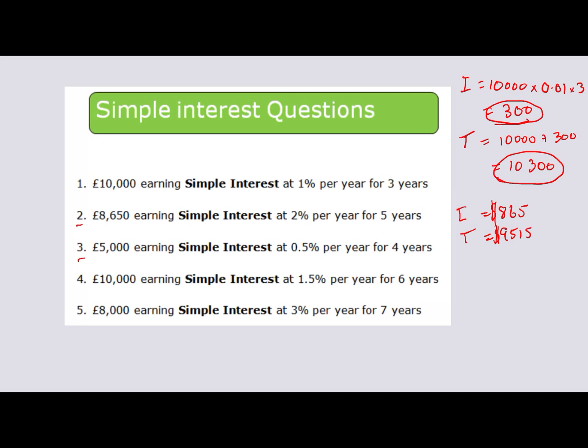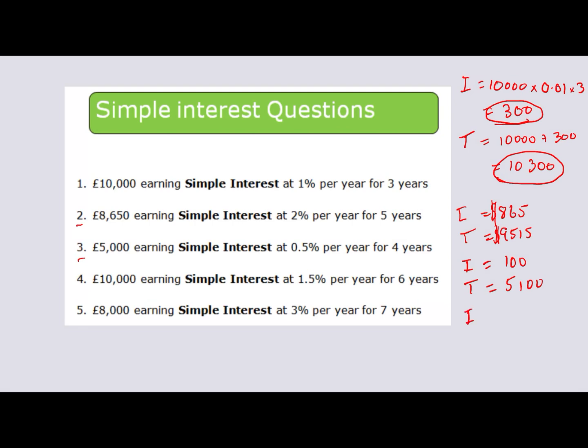Number 3, 5,000 times 0.005. Don't get that wrong. 0.5% is 0.005. For 4 years, that gives me interest of 100, and so I get a total amount of 5,100.